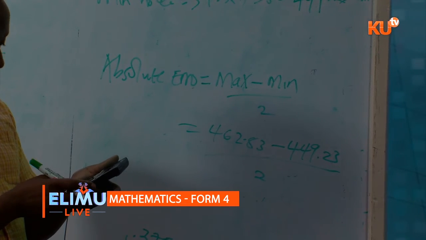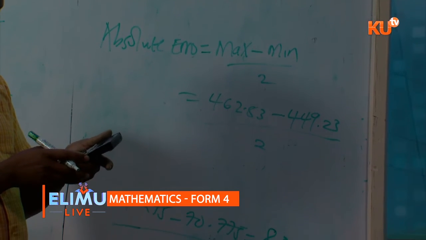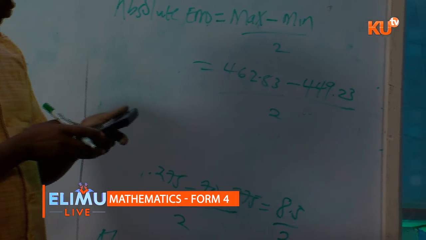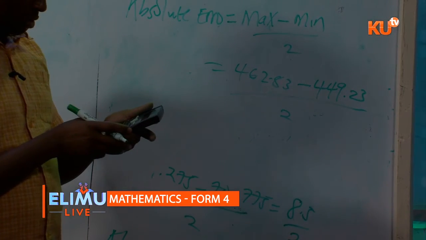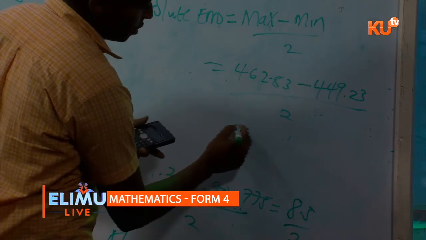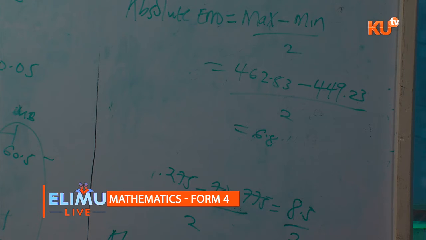You get 13.6 divided by 2. You get 6.8. That is our absolute error.